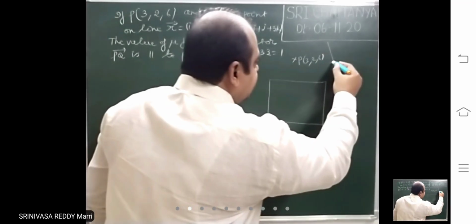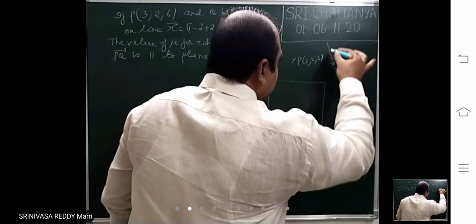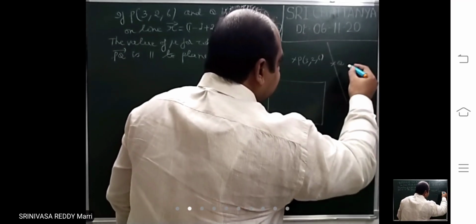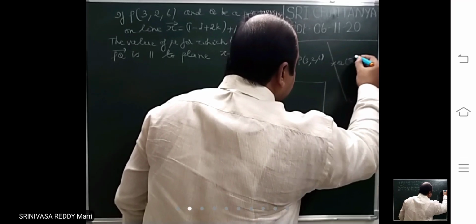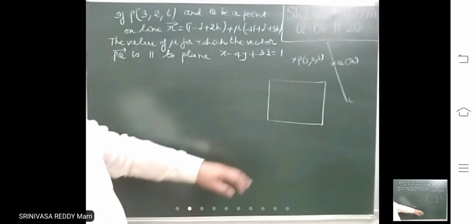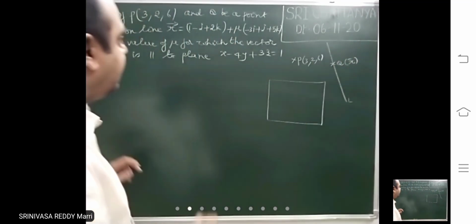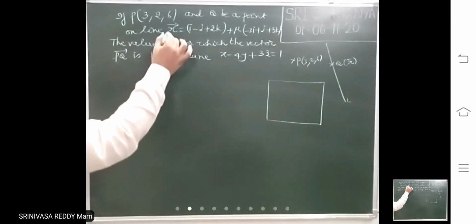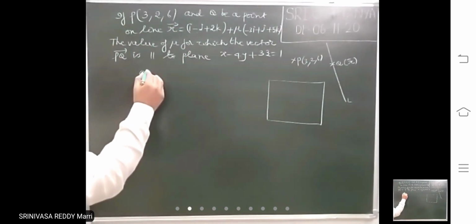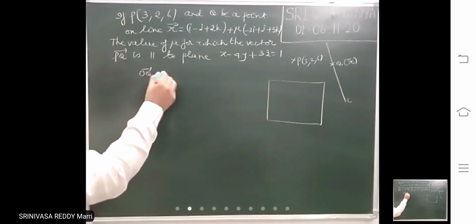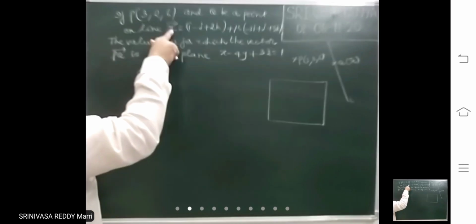Q is a point means, in vector form, any point on the line will be r bar, just like x, y, z in Cartesian form. Now the position vector is given. That means r bar is nothing but the position vector of Q, OQ bar.